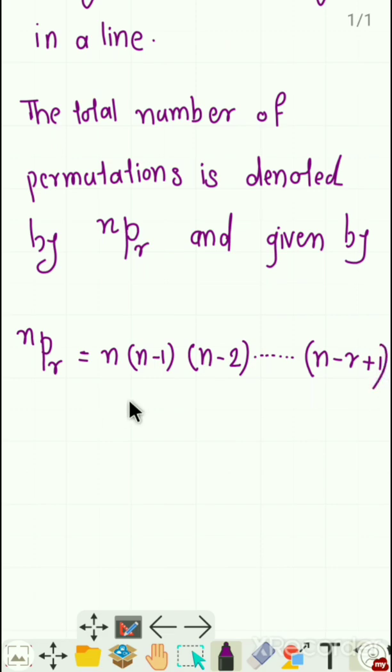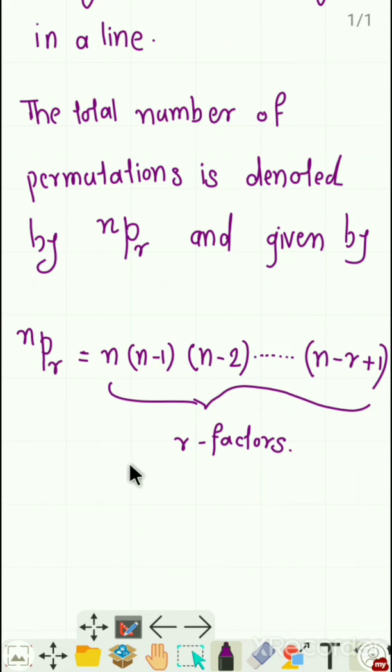This is the formula, and on the right hand side there are r factors. How many factors are there? r terms, r factors.